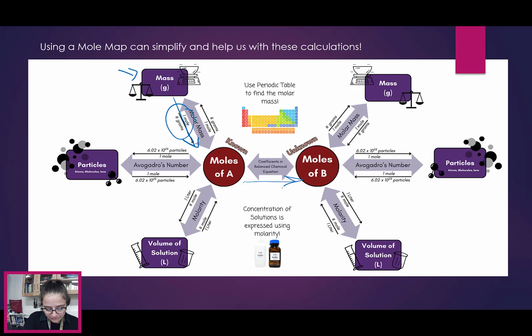Then we went from moles to moles using the coefficients in that balanced chemical reaction. And then we went from moles back to mass using the molar mass now of our unknown. Okay, cool? So let's go ahead and try another problem.